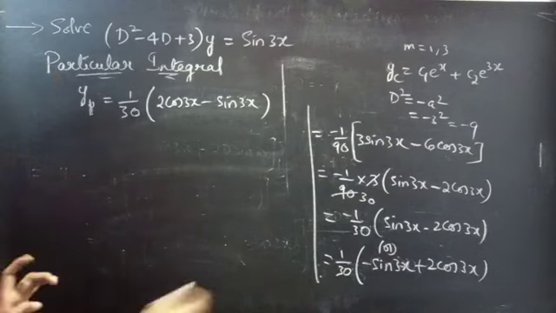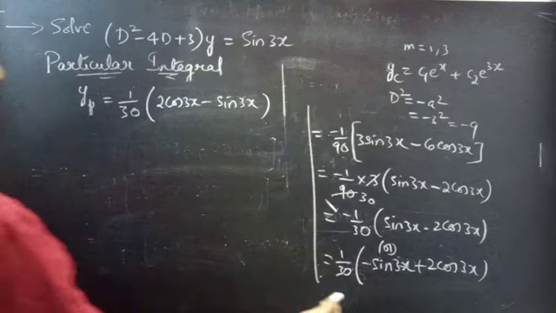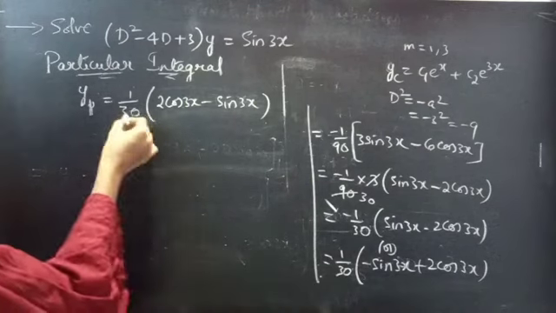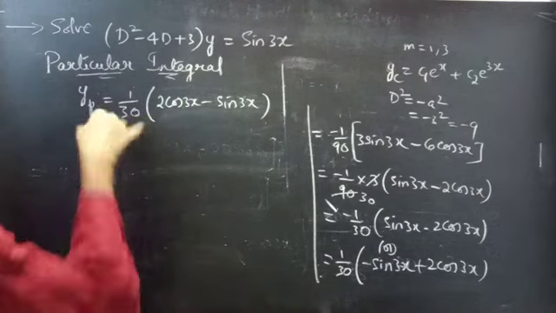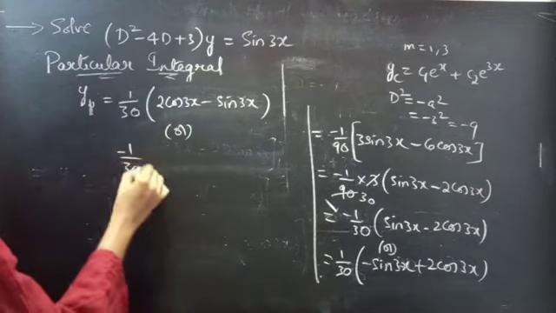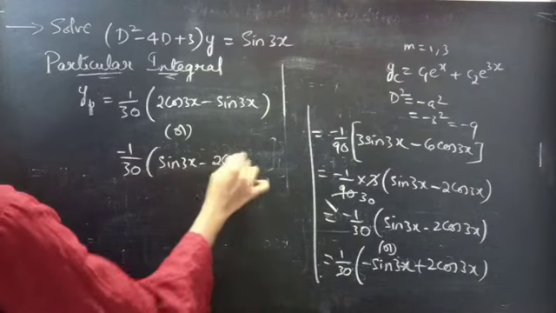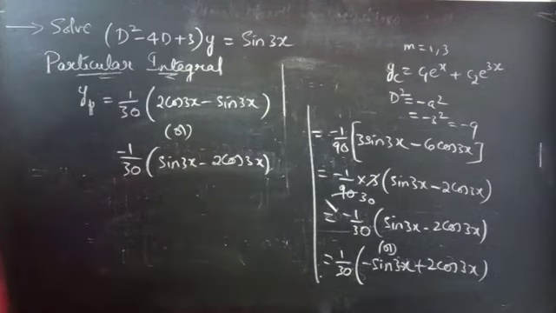So we can write yp as minus 1 by 30 into sine 3x minus 2 cos 3x, or the positive term. Okay, yp equals this one, or minus 1 by 30 into sine 3x minus 2 cos 3x.